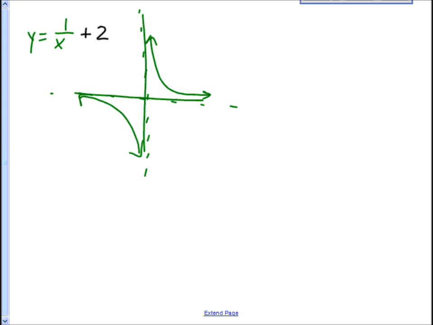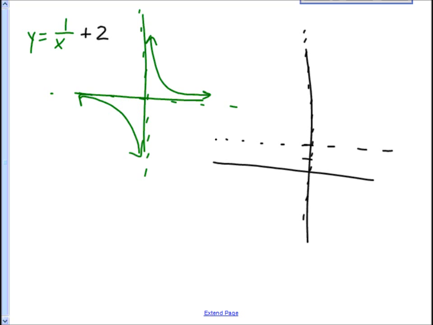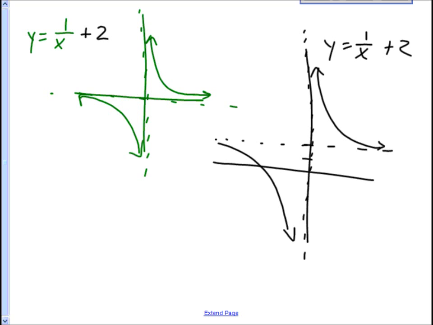Well, it would take that same thing. So the horizontal asymptote y equals 0 is now up 2. The vertical asymptote, of course, shifting that up 2 makes no difference. But everything else looks exactly the same. So this is y equals 1 over x plus 2. Okay, so, oops, I kind of messed that up, but anyway, that's a shift up 2.